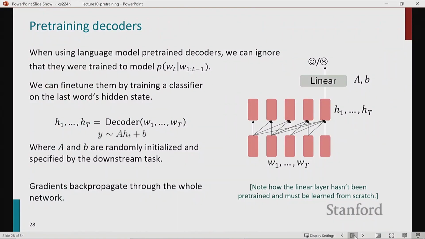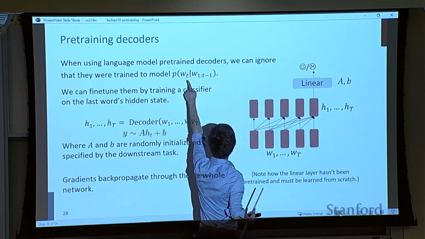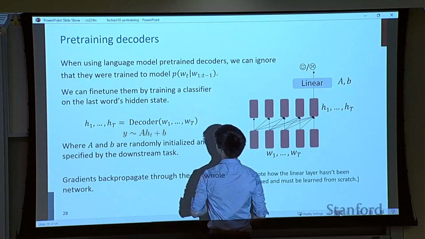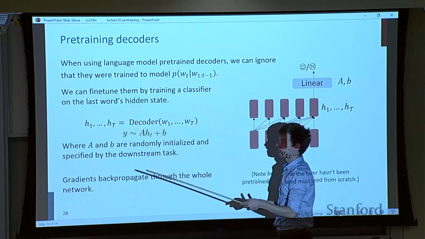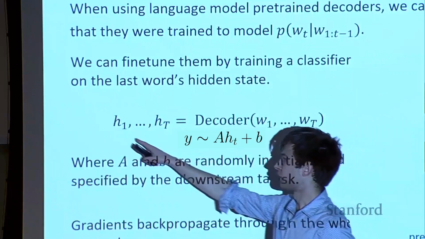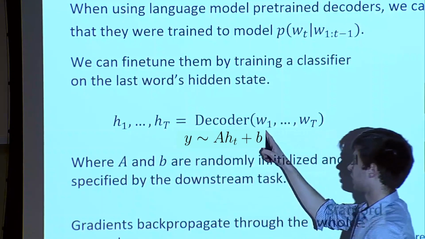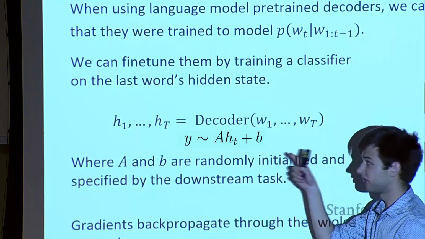Okay, so when we're pre-training a language model, we're pre-training it on this objective. We're trying to make it approximate this probability of a word given all of its previous words. What we end up doing, and I showed this pictographically, but let's add some math, is we get a hidden state, h_1 to h_T, for each of the words in the input w_1 to w_T. Now remember, words again means subwords here.